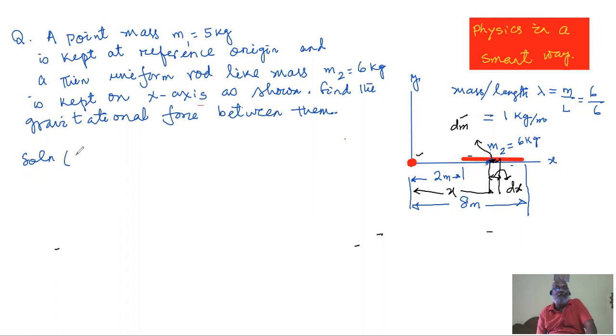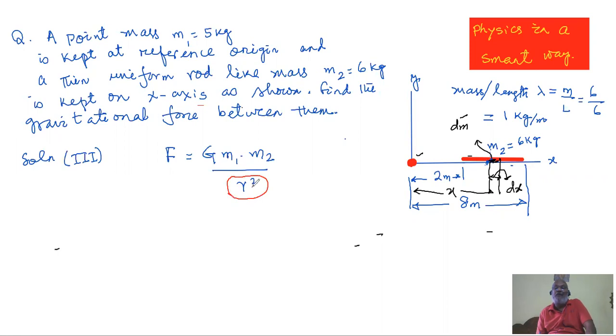Solution number 3. Whenever we went for solution number 1, we considered Newton's law of gravitation, F equal to G into M1 into M2 by, so to say, R square. Our basic difficulty was with R, because M2 is a distributed mass.